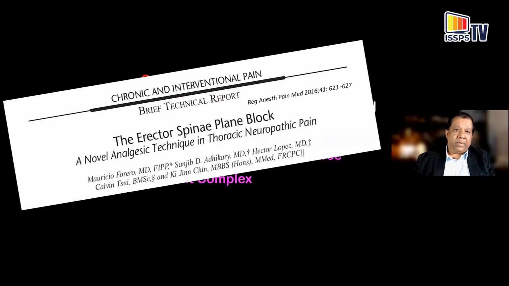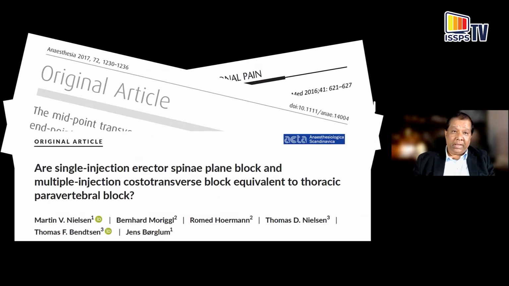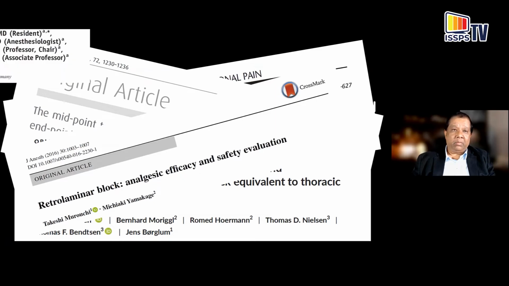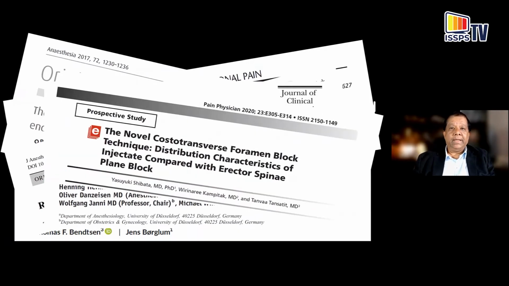And like the erector spinae plane, you have the mid-transverse process, midpoint of the transverse process to pleura block within the ligament complex, injection in the erector spinae again, or a costotransverse block, retrolaminar block, paravertebral and paravertebral laminar block described by a group in Germany, and more recently the novel costotransverse foraminal block.